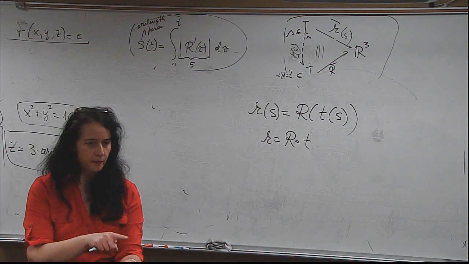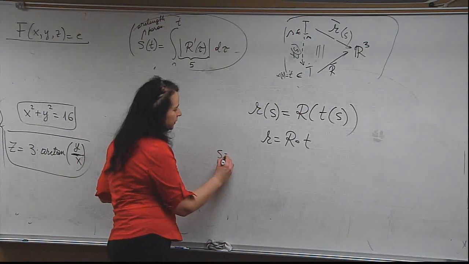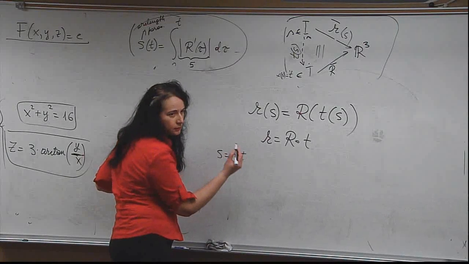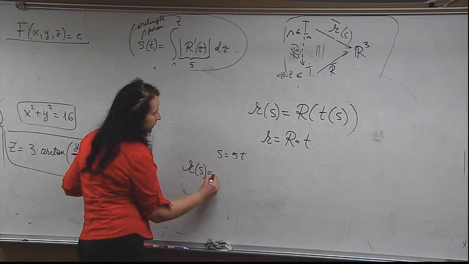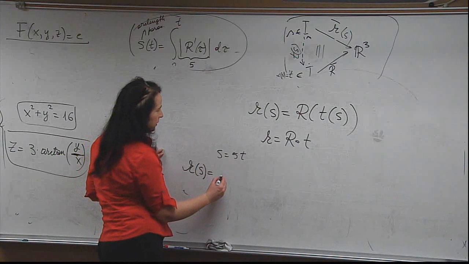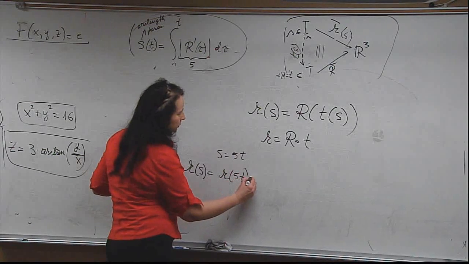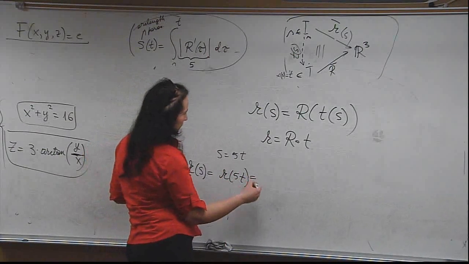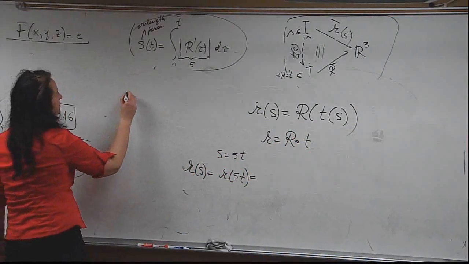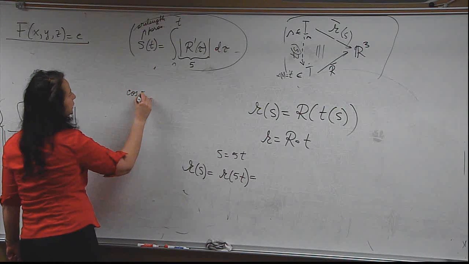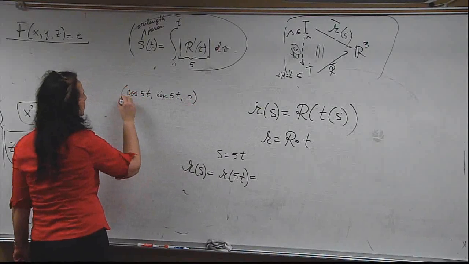Let me give you an example. So we had S was 5t, right? I don't remember how we went. So when I have little r of S, that means the same as little r of 5t. Now, assume that I have something like cosine 5t, sine 5t, and 0.